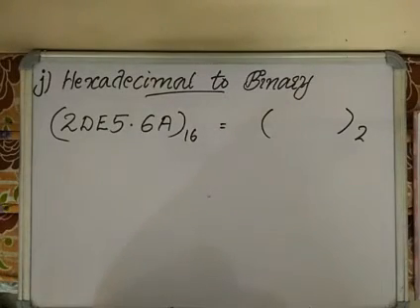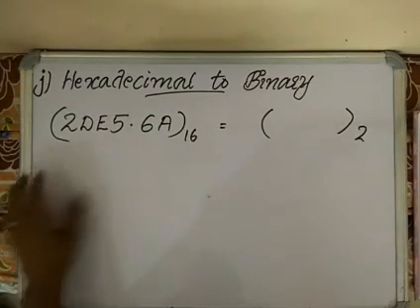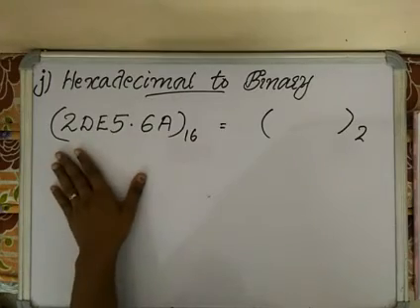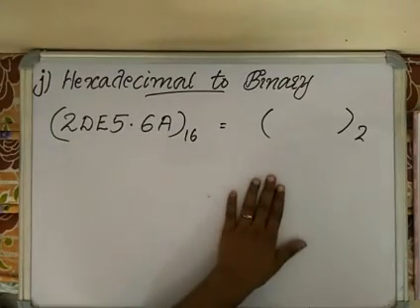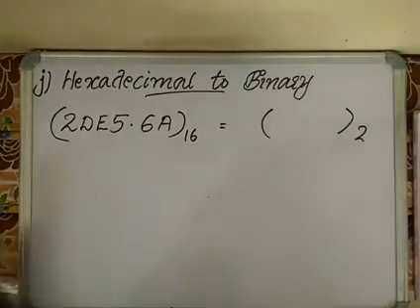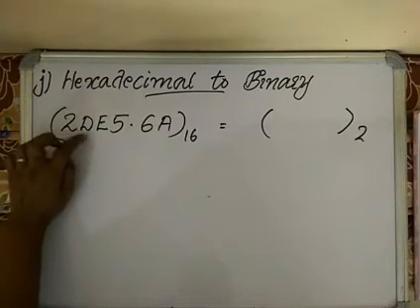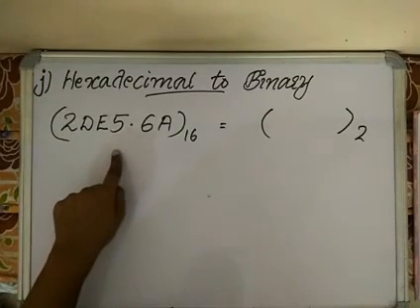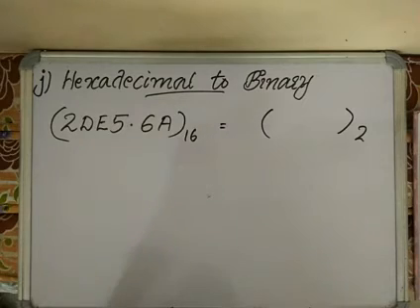Next one is hexadecimal to binary conversion. So the input is a hexadecimal value and we have to convert it into binary. The procedure is, we take each hexadecimal digit, and we know that each hexadecimal digit can be represented using 4 binary digits.